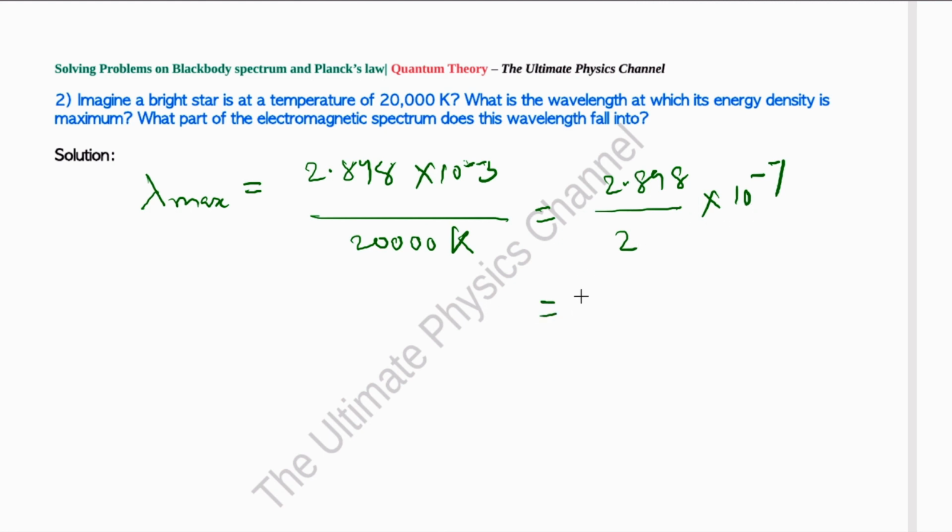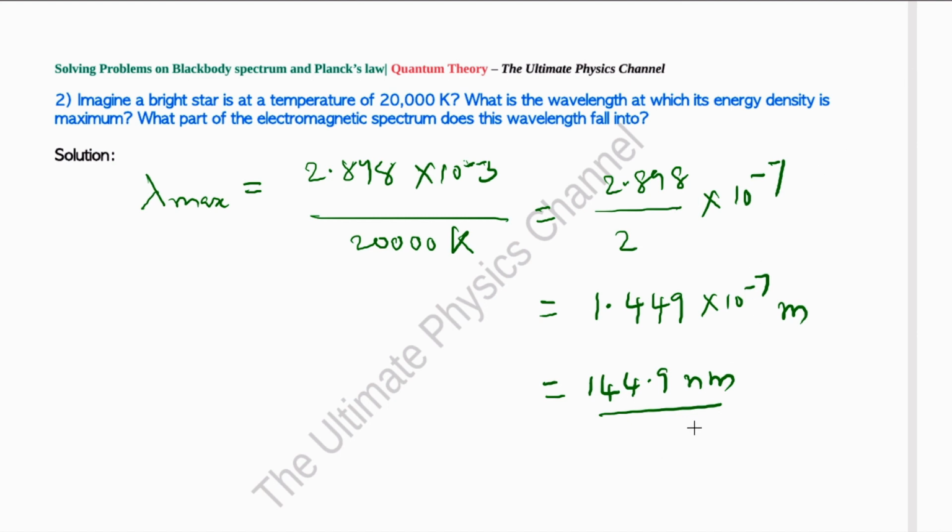So this is the remaining number that we have, which I just divided, into 10 power minus 7 meters, and this is 144.9 nanometers. So it is nearly 145 nanometers. That is the answer. Okay, let's move on to the next one.